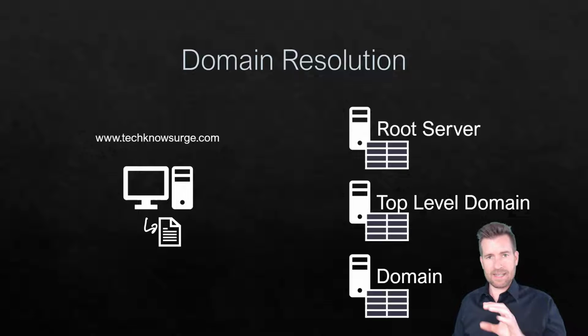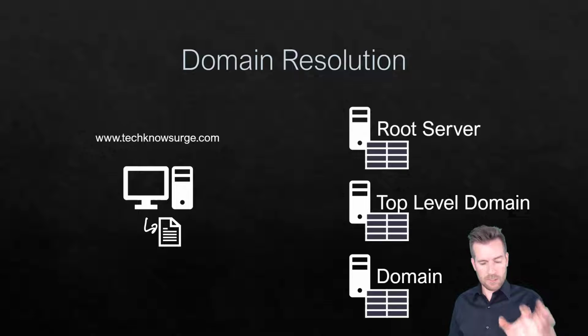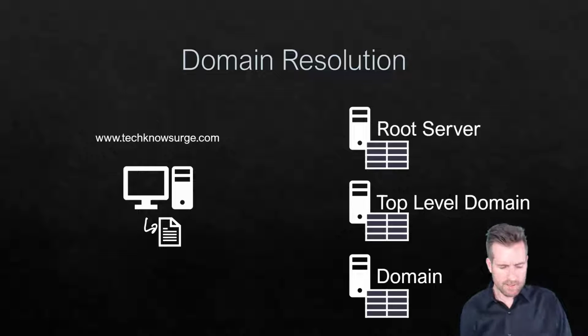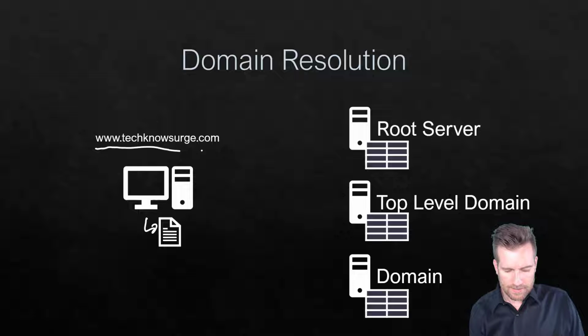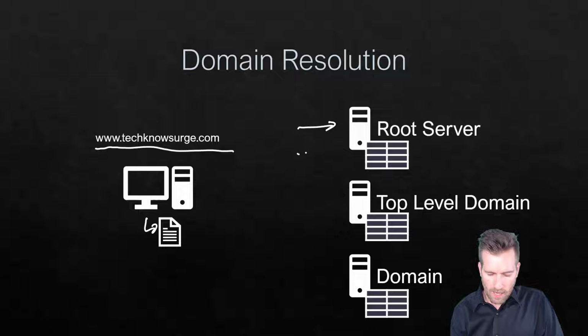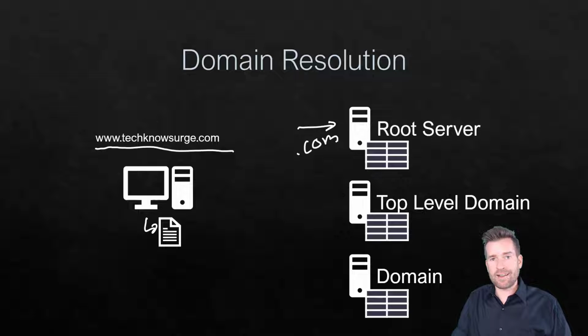So I've skipped that middle machine at this point in time, and we're just going to take a look at the process. So if we're trying to resolve www.technosurge.com, then what it first needs to do is go to the root server and look up, how do I find www.technosurge.com?